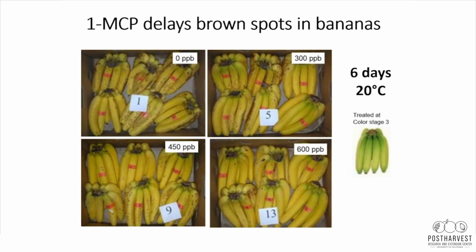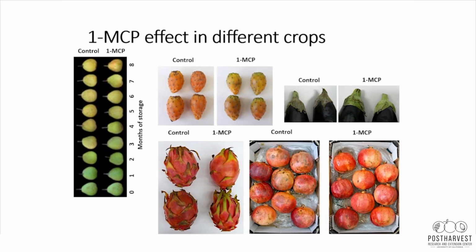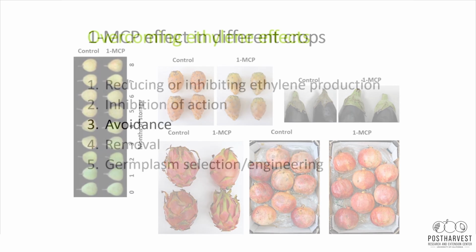If you compare the high concentration of MCP to the control, you see a significant reduction of brown spots. More examples here of the effect of 1-MCP in different crops. You can see pears on the left, control versus 1-MCP treated, dragon fruit, eggplant, and so forth.